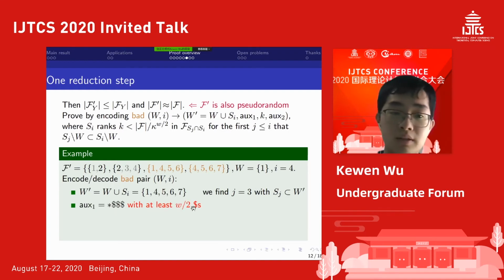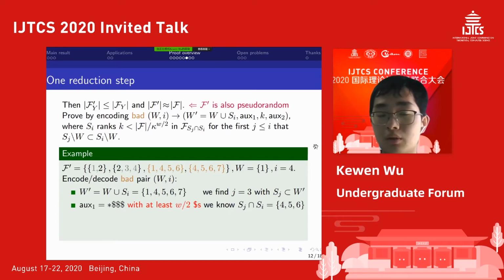Then we provide the first auxiliary information with a star and $3. Here we find that the number of dollars is at least |W| divided by 2. With this auxiliary information, the decoder will know that Sj intersect Si is 4, 5, and 6, because the dollars mark the intersection of Sj and Si in Sj, where Sj is S3.